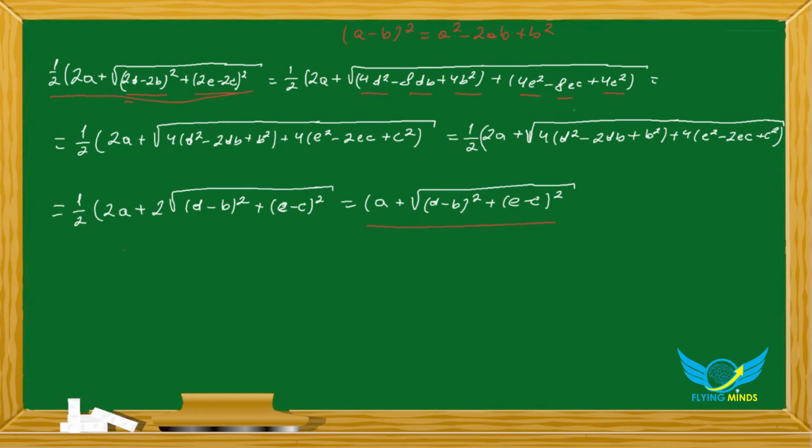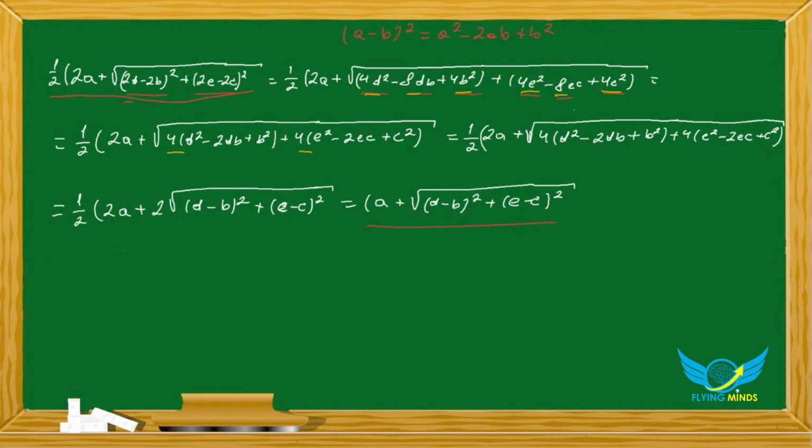Then we see that 4 is a common factor in each term, so we take it out.